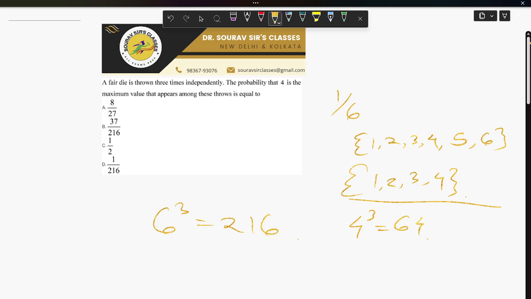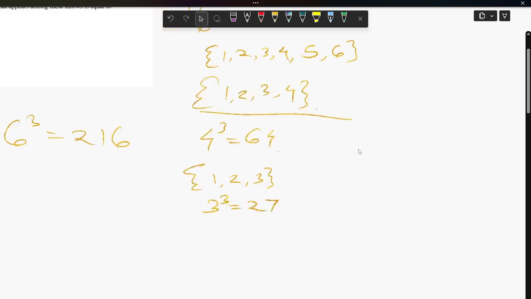And for outcomes where the maximum is at most 3, each throw must be in 1, 2, 3. So we would have 3 cubed, that means 27 choices. Then the outcomes where the maximum is exactly 4 are those where the maximum is at most 4 but not at most 3.